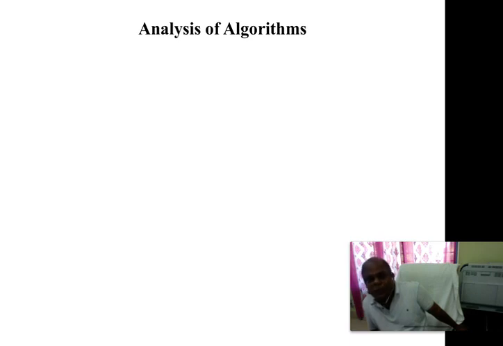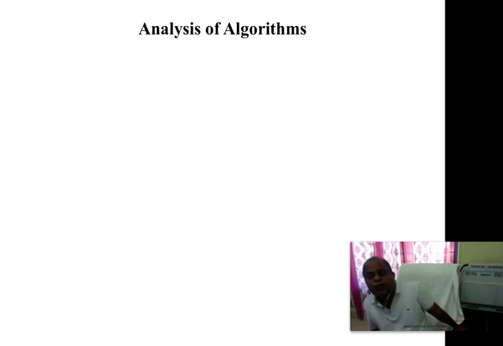And in the second class, I discussed the asymptotic notations, different types of notations to represent the cost of an algorithm.